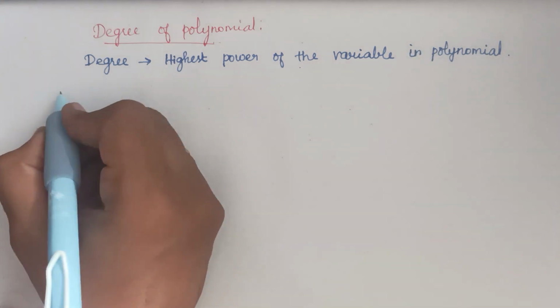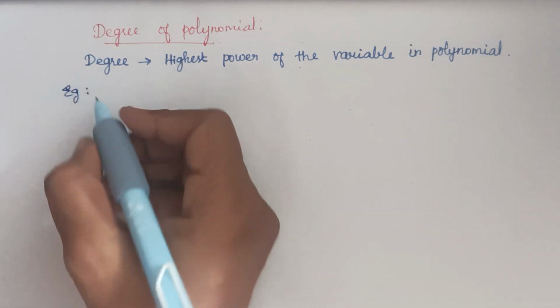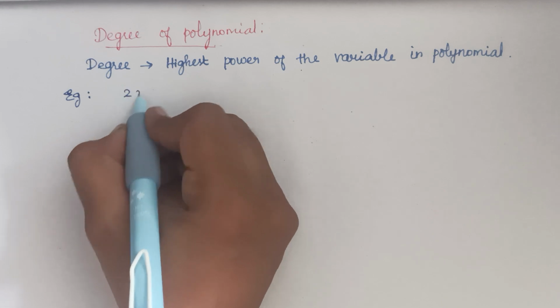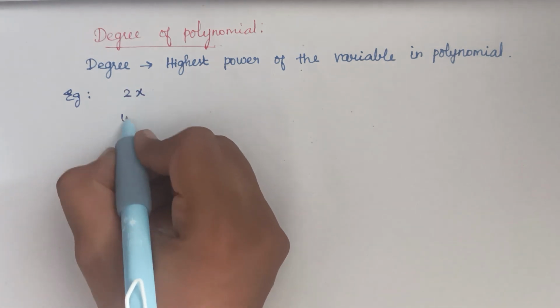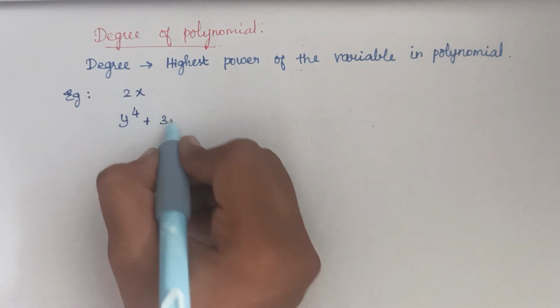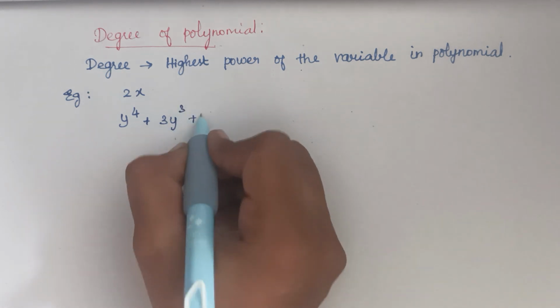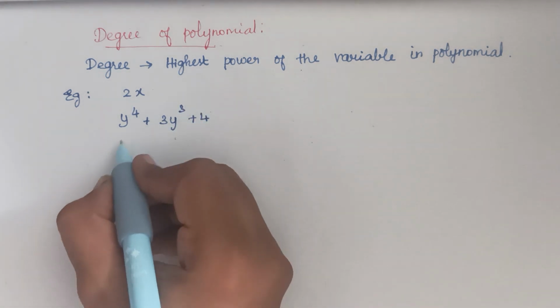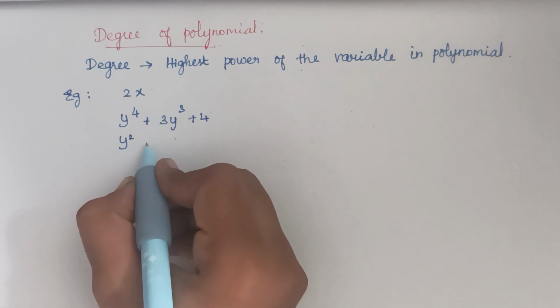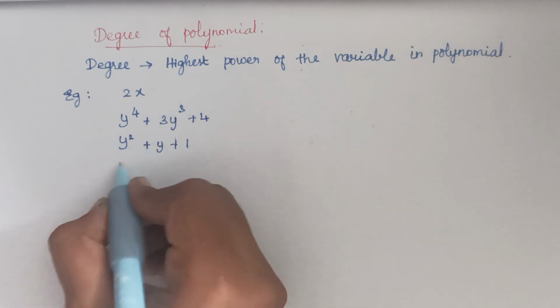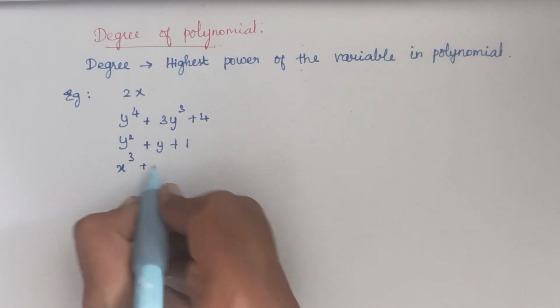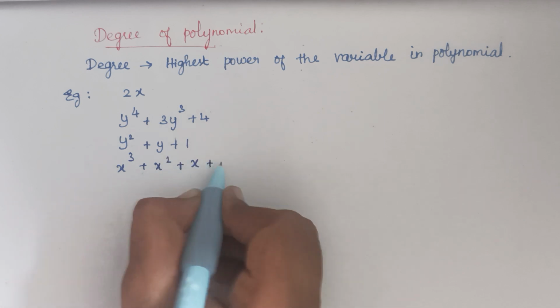For example, y power 4 plus 3y cube plus 4, then y square plus y plus 1, then x cube plus x square plus x plus 1.